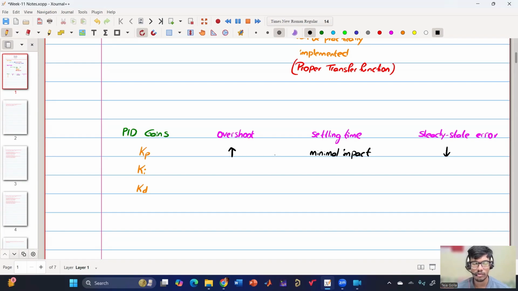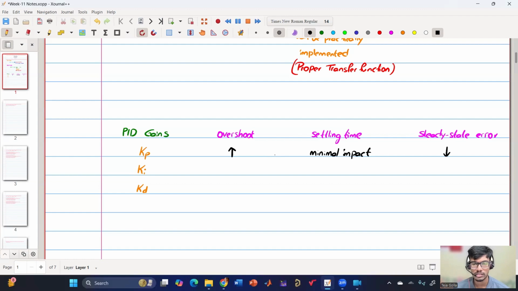be zero. But if KP is infinite, overshoot will be very high and the op amps will get saturated. So we cannot go beyond a certain value of KP because that will not be practically implementable. Say the error voltage is 100 millivolt or 10 millivolt. If KP is 100, then control voltage is 1 volt, right?